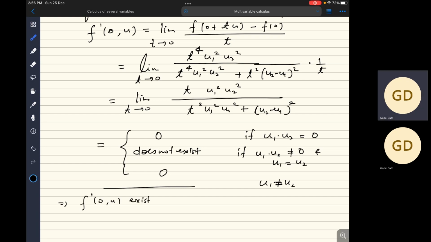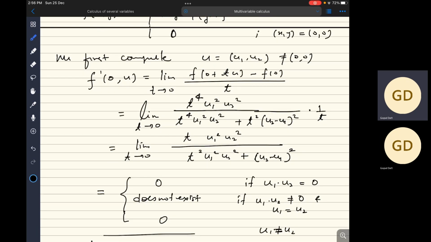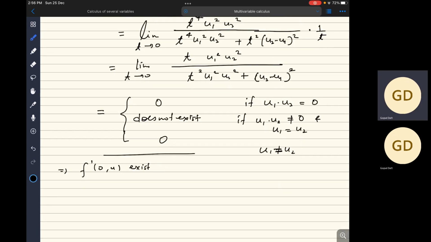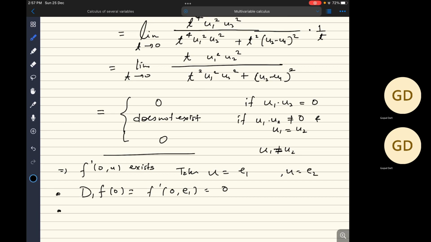For the Jacobian matrix, we take u to be e1 in one case and u to be e2 in another case. So d1f at 0 is f dash 0 e1, which is 0.